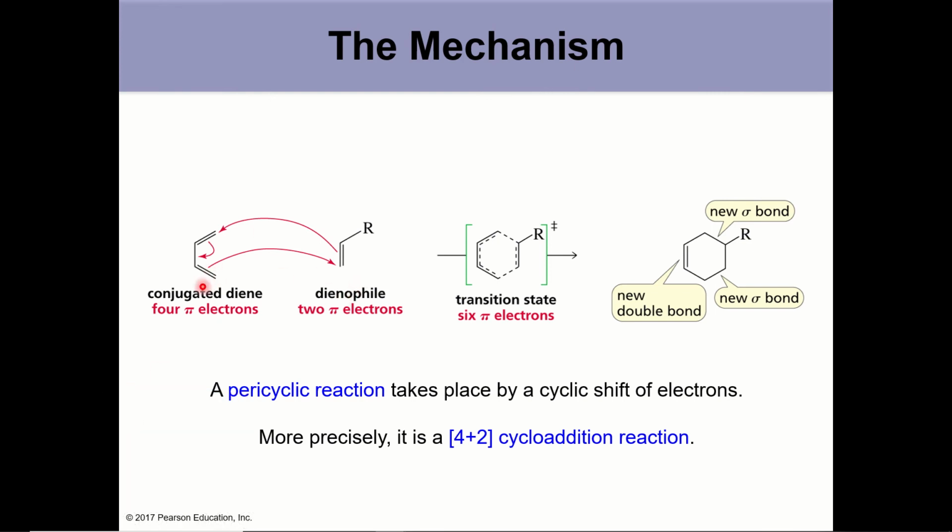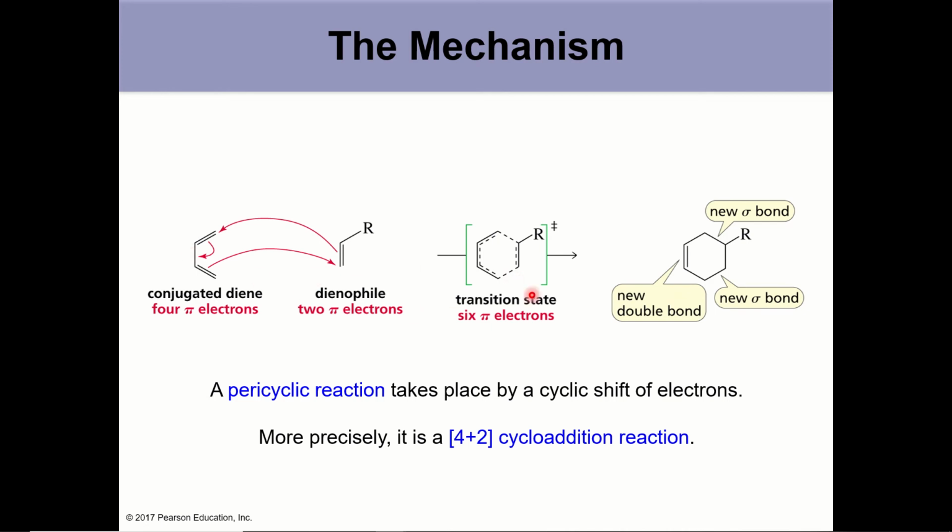The mechanism, one of the pi electrons of the diene are donated to the dienophile. Then the pi electrons of the dienophile are donated to the other terminus of the diene, and the pi electrons between C3 and C4 have to move to between carbons 2 and 3.